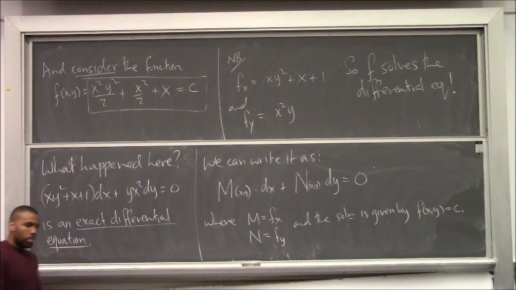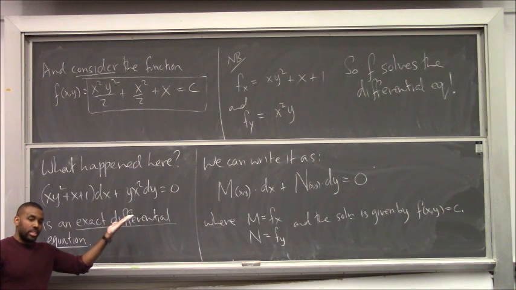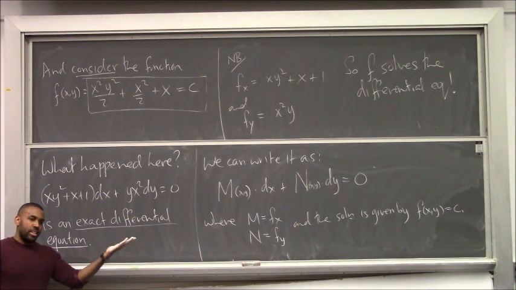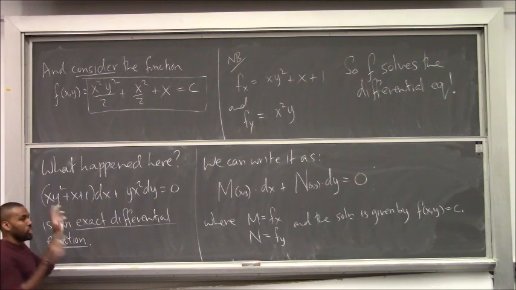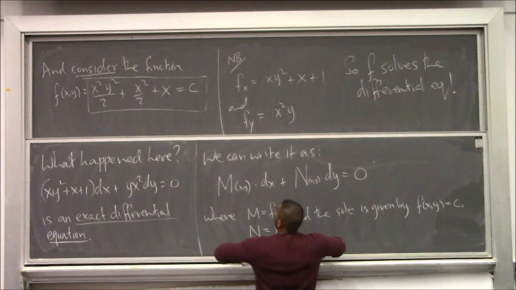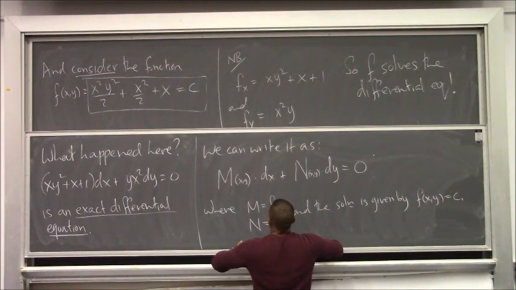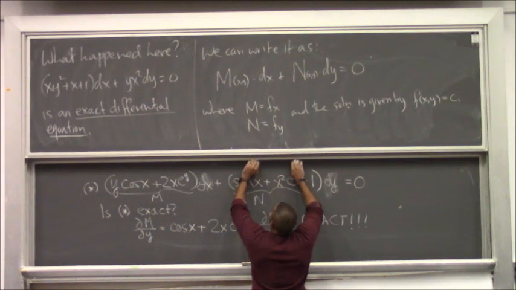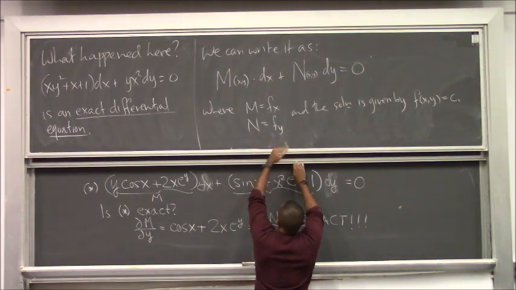Now, a couple important questions. How do you know that you're actually looking at something that looks like this? And 2, how do you go about finding the solution? It has to be a function of 2 variables for both. Well, that's by assumption, yeah. We're thinking of them as 2 variable functions.